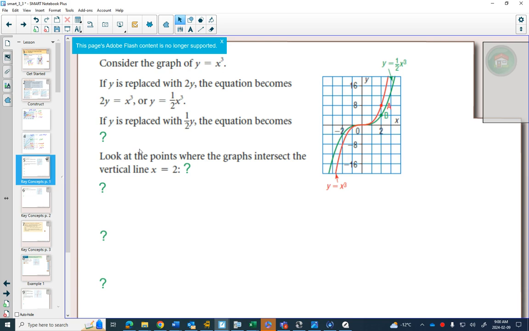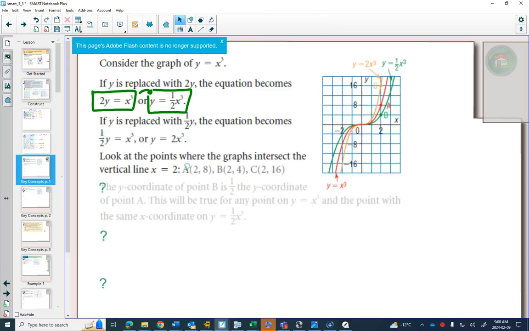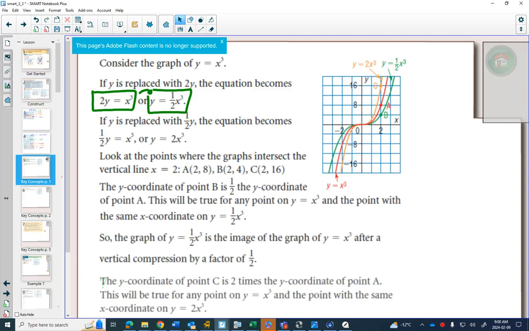Some notation things: personally, if you ever have y not by itself, I would always change it to the y by itself. So having that 2 with the y, I would divide both sides by 2, get a half out in front, and then notice I would have a vertical compression. Same thing on the orange one there.